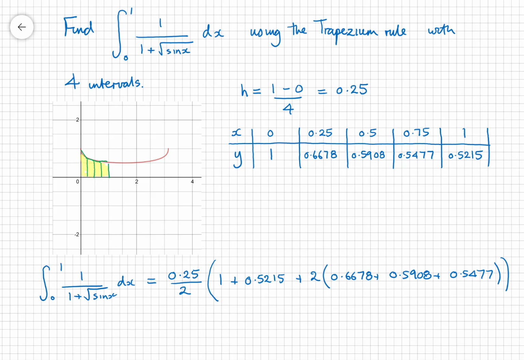And plugging those numbers into the calculator, we get a final answer of 0.64176, and so on, which simplifies to 0.642 to 3 significant figures.